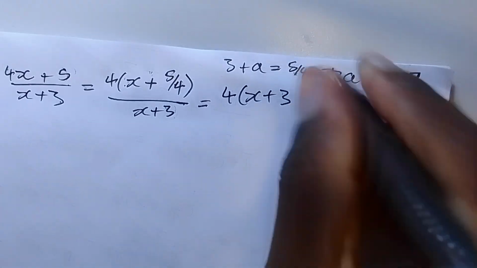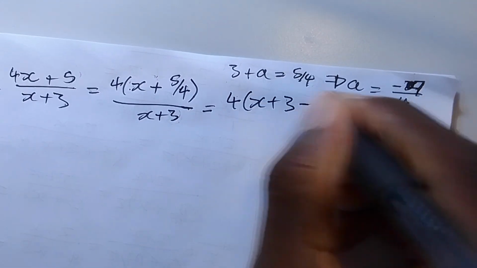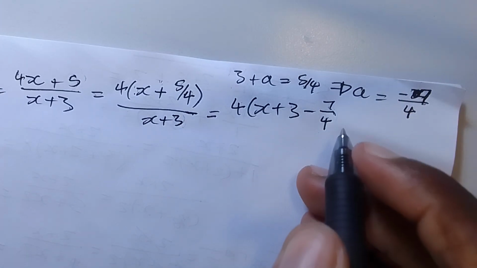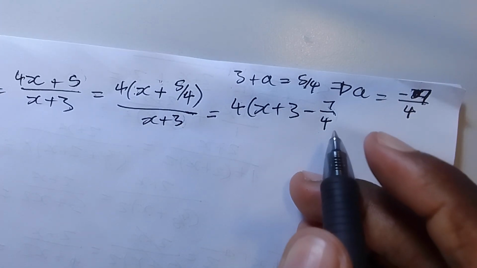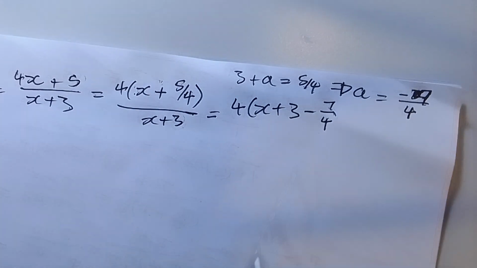You write it on a calculator so you don't make these silly mistakes. So it's negative 7 over 4, and you can check by writing on a calculator 3 minus 7 over 4, and you should get 5 over 4.